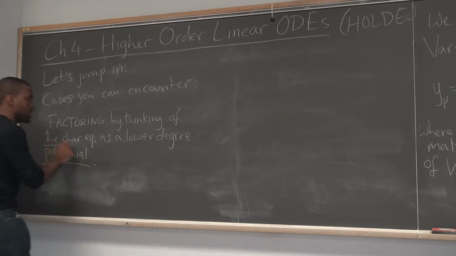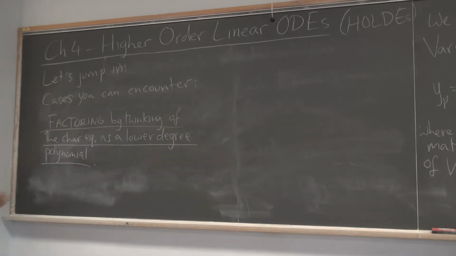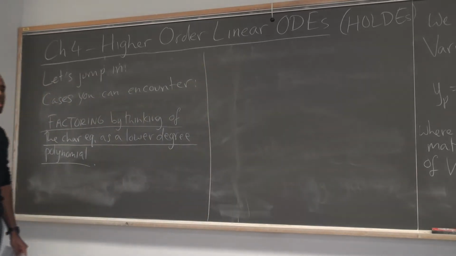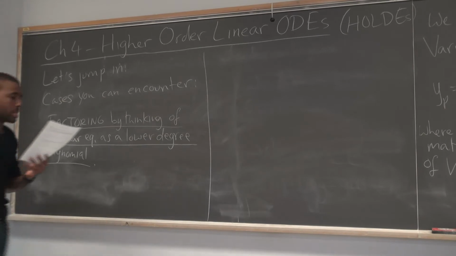This is one case that you might end up with, and there was a problem on the bonus problem for the second test that you needed to do this for. So what's an example of something like that?